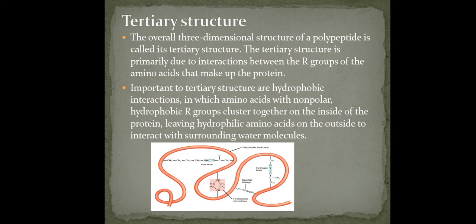Another is the tertiary structure. The overall three-dimensional structure of the polypeptide is called the tertiary structure. The tertiary structure is primarily due to interactions between the R groups of the amino acids that make up the protein.